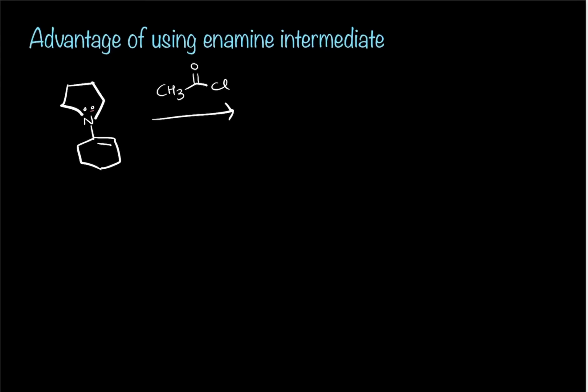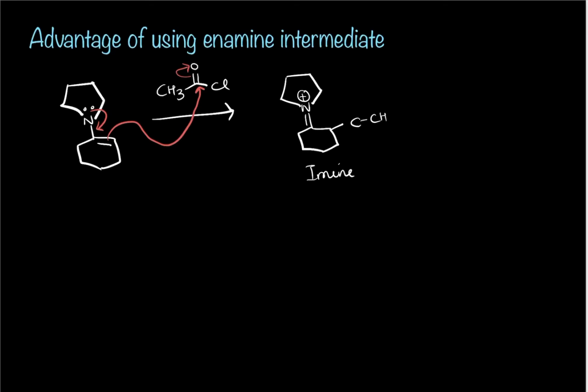Okay, and the first step is, again, it's going to behave more like an enolate, and these electrons are going to go and attack the electrophilic carbonyl carbon, and those electrons will go on to oxygen, and it's going to give you this intermediate, which is called an iminium, with the substitution at the alpha position.